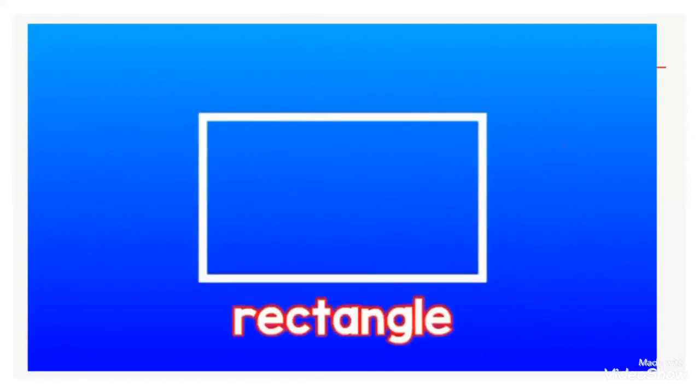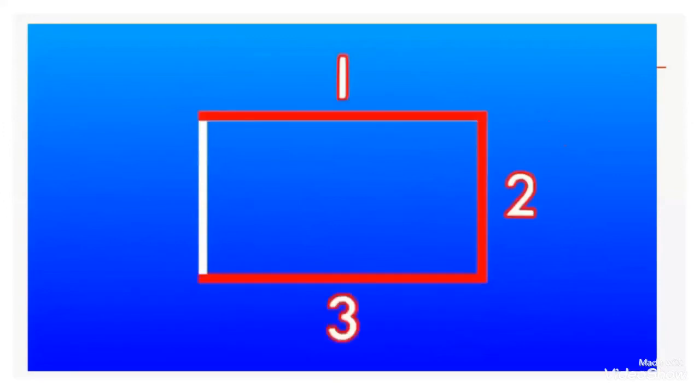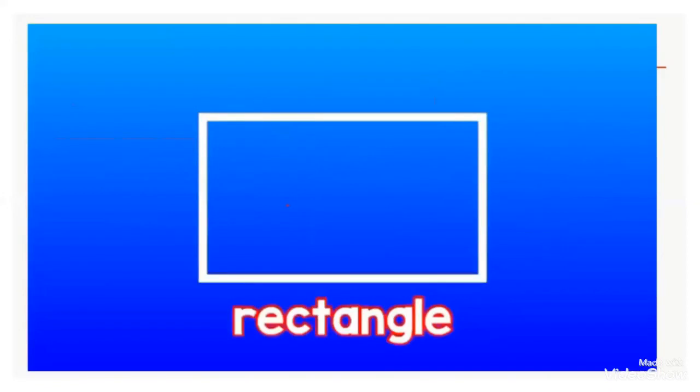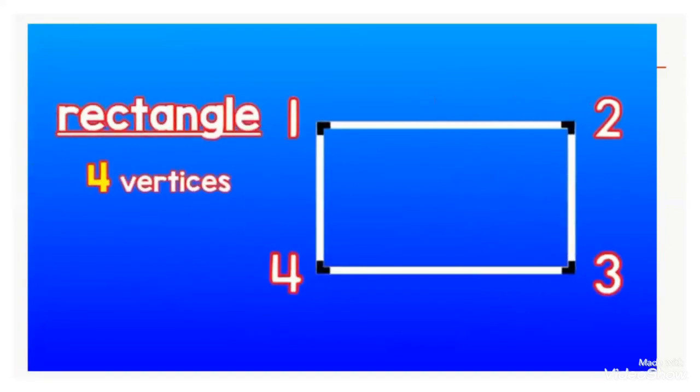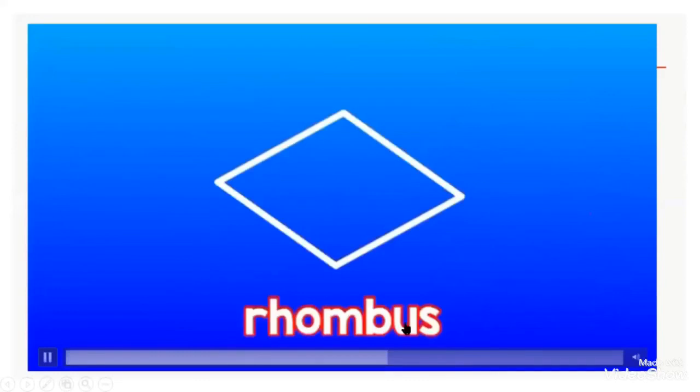Let's count the sides of a rectangle. 1, 2, 3, 4. A rectangle has 4 sides. Let's count the vertices of a rectangle. 1, 2, 3, 4. A rectangle has 4 vertices and 4 sides. This is a rhombus.